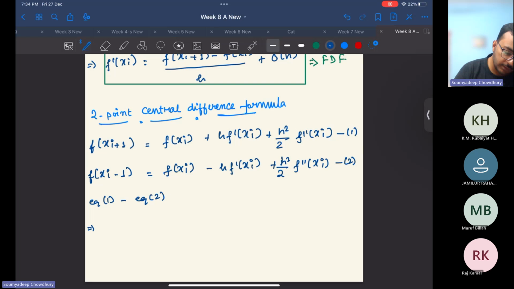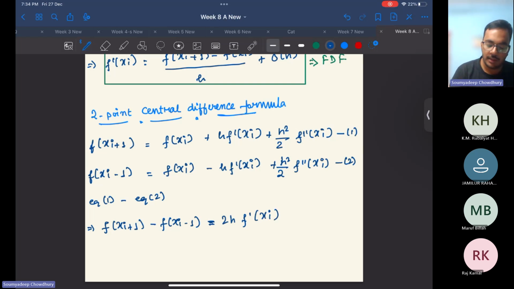If we do this, we can see it will be f of xi plus 1 minus f of xi minus 1. So f of xi will cancel. This will be 2h f dash xi. And again, the second term will also get cancelled. So we'll have the third term here.